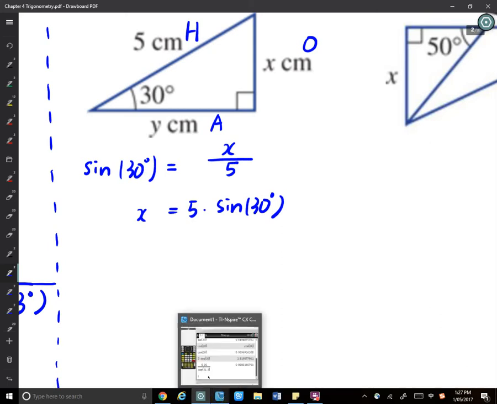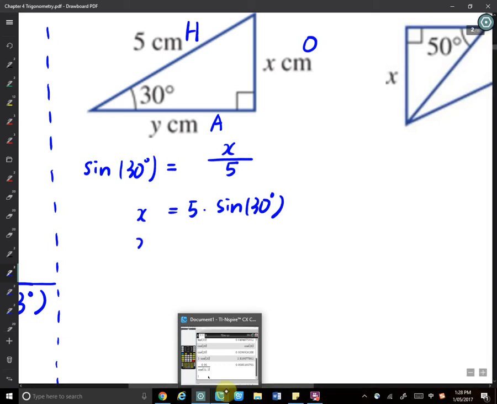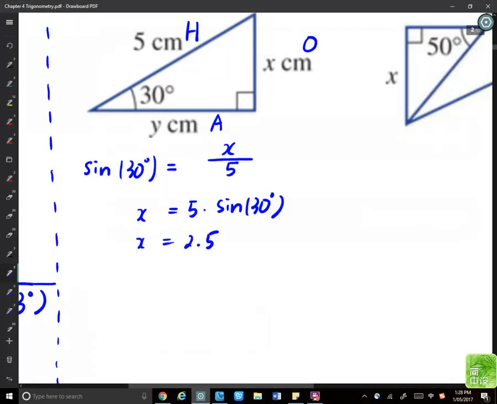Anyone know what sine 30 is? Yeah, a half, that's an exact value. If you put it into the calculator, you'll get a half as well. You're not required to memorize it now, but if you know that, that would be good. So a half times 5 equals 2.5. So you have 2.5 for x.